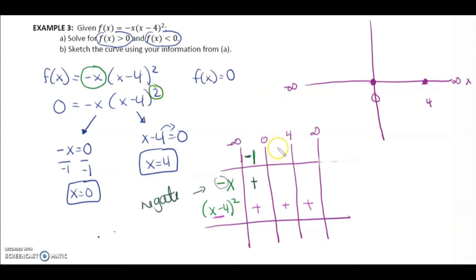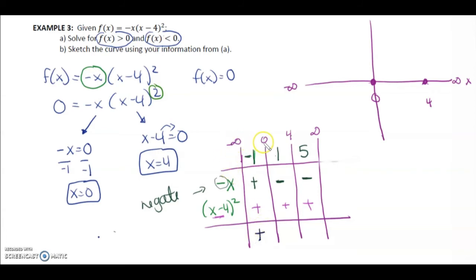Let's just choose +1, that's a nice small number. +1 subbed into -x, we get negative. Then choose a number between 4 and infinity. Let's choose 5. Sub 5 in, -5, we get a negative number.